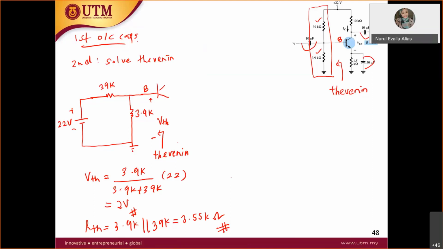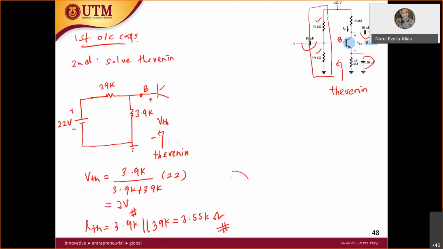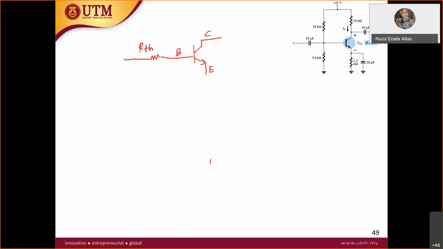Therefore, at the base here you have R Thevenin, and also V Thevenin. No longer 22 volt at the input. Now you have V Thevenin. The negative will go to the ground.